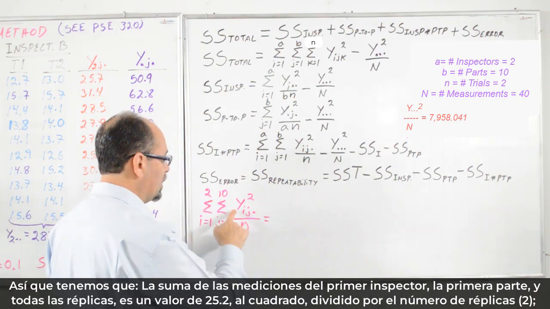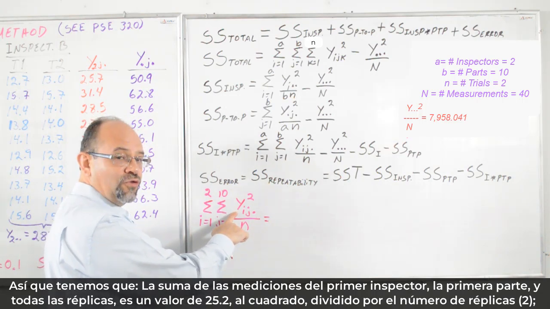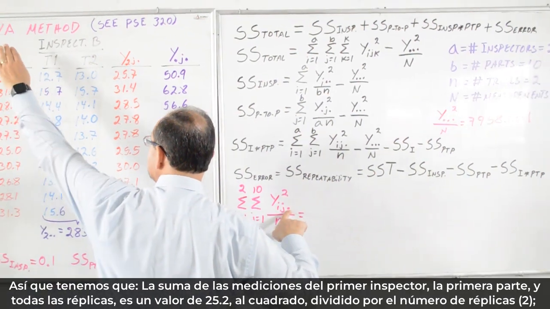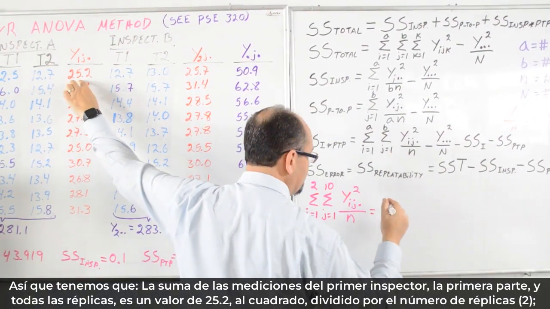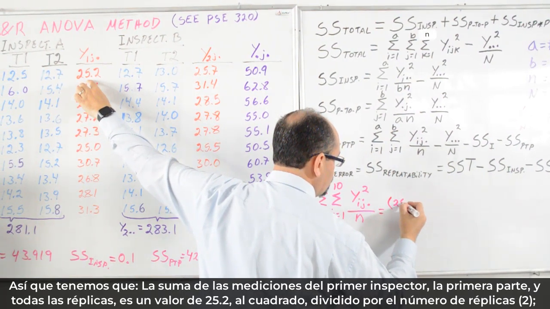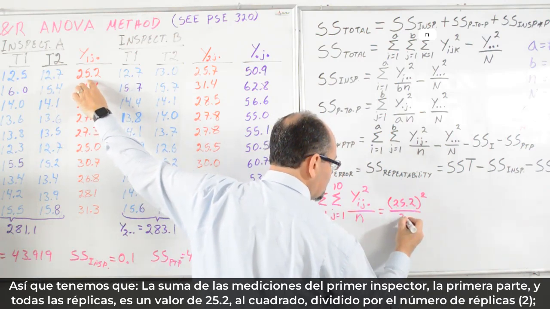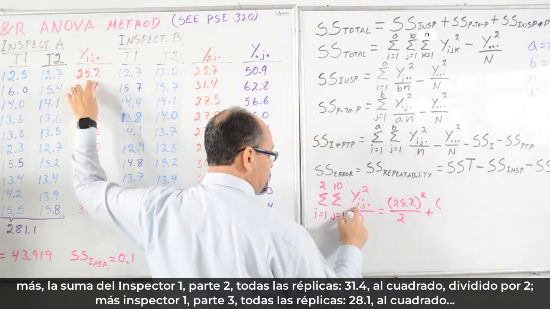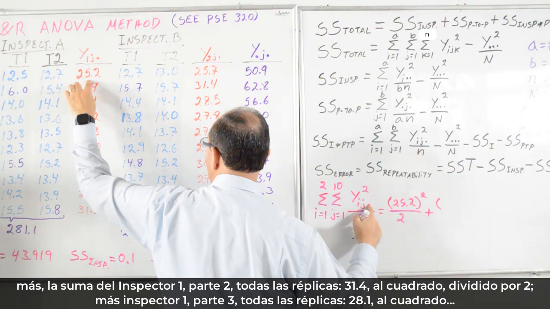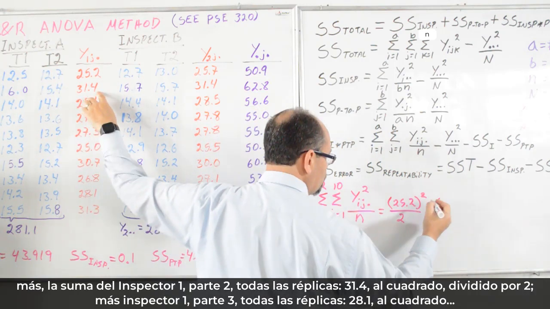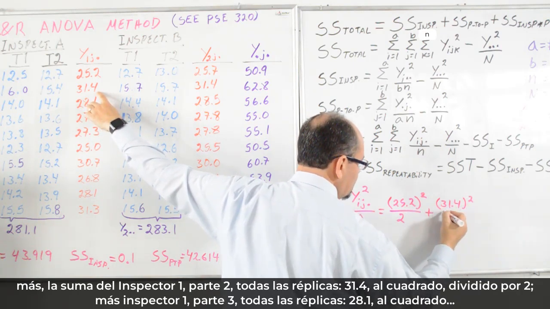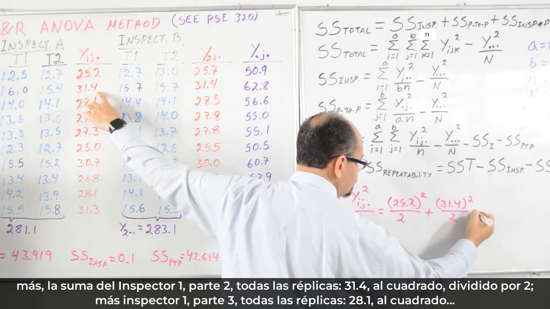So that will be the measurement for first inspector, first part, all the trials, which will be 25.2. And that is squared divided by number of trials, 2 trials, plus inspector 1, part 2, all the trials, 31.4 squared divided by 2.